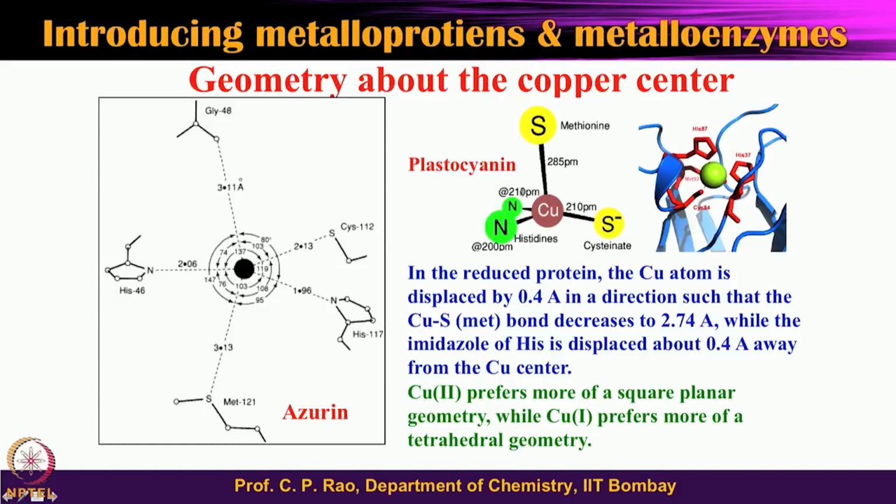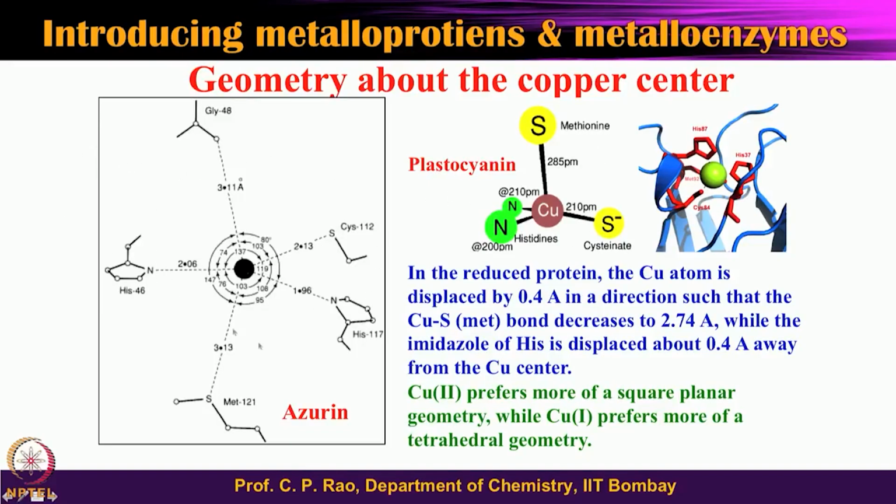So, switching over the geometry from one to the other is phenomenal in a sense that it requires very little reorganizational energy, as you know very well about the electron transition. During the electron transition, there is no change in the nuclear coordinates. So, you get quite quick reorganization.